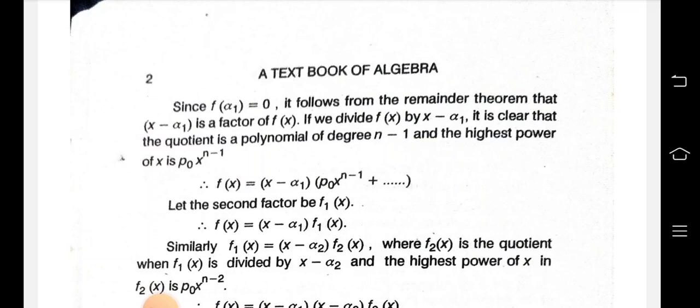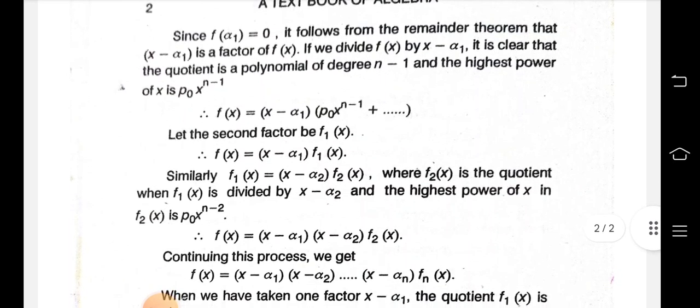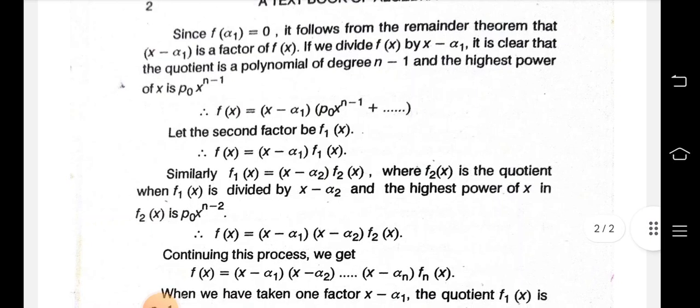Therefore f(x) is equal to (x minus alpha 1) into (p0 x power n minus 1 plus up to ...). Let the second factor be f1(x). Therefore f(x) is equal to (x minus alpha 1) into f1(x). Similarly f1(x) is equal to (x minus alpha 2) into f2(x), where f2(x) is the quotient when f1(x) is divided by x minus alpha 2 and the highest power of x in f2(x) is p0 into x power n minus 2.